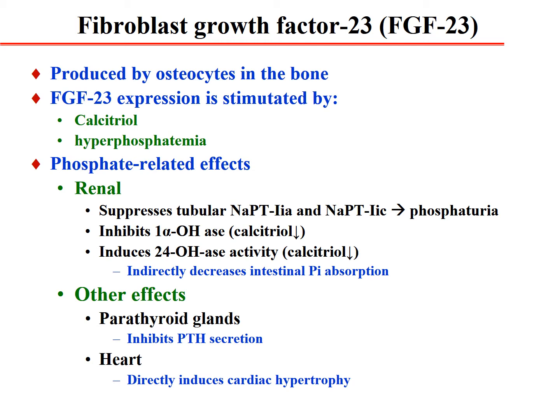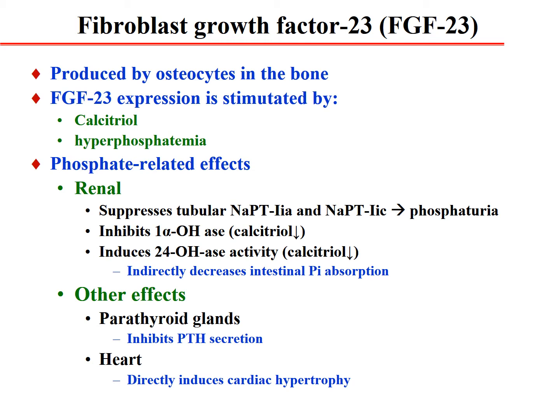The phosphate-related effects on the kidney, for example, suppress the tubular sodium-phosphate transporter mechanism and cause phosphaturia, and inhibit 1-hydroxylase activity, so the active vitamin D level decreases, plus it induces 24-hydroxylase activity that again decreases the active vitamin D formation and indirectly decreases intestinal phosphate absorption.